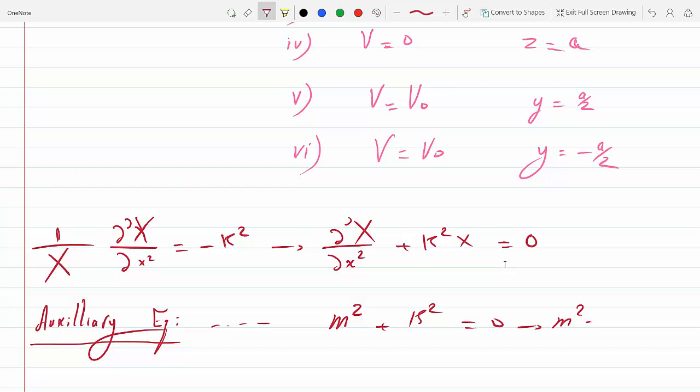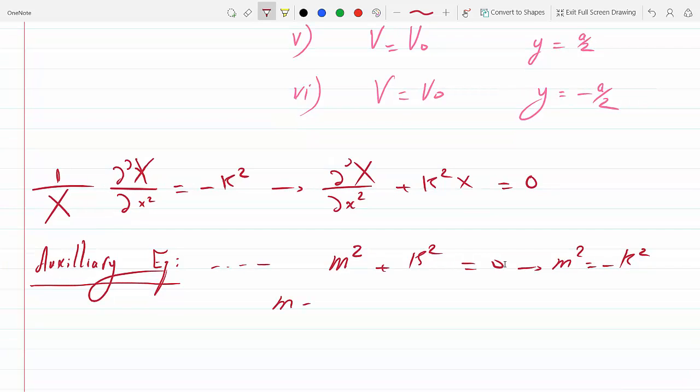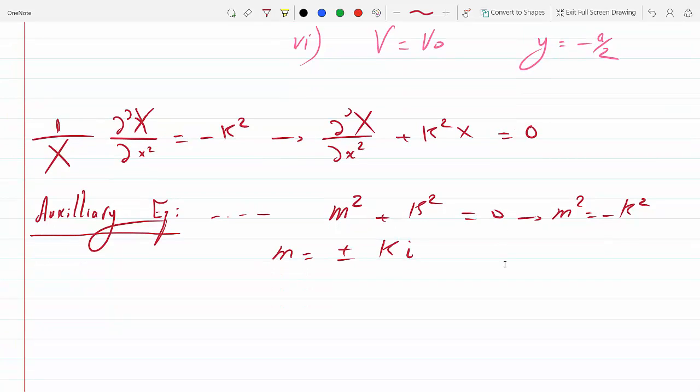So that means m squared equals minus k squared, and if you take the square root, you get plus or minus ki. Complex exponentials turn into sine and cosine, so I'll skip those steps, and this takes you directly to X equals A cosine kx plus B sine kx.